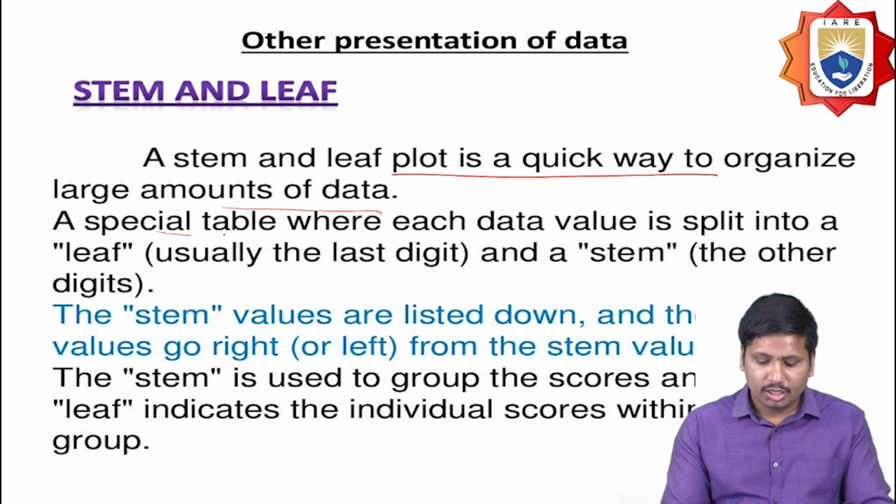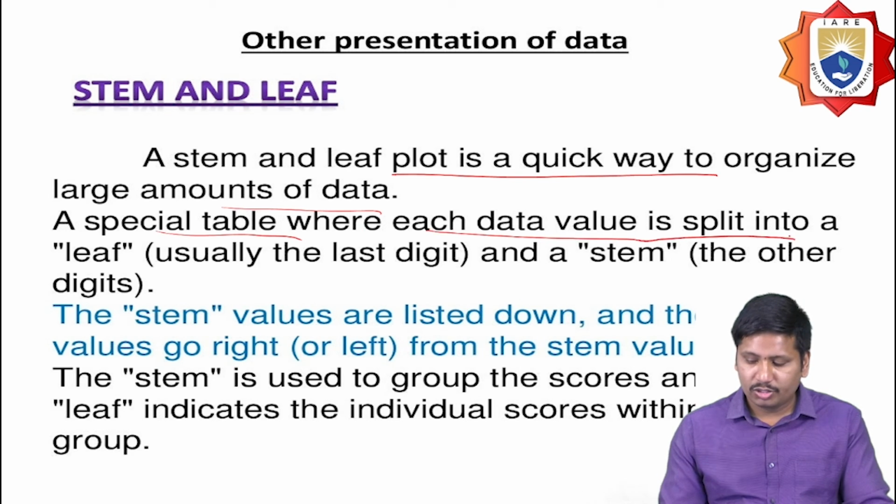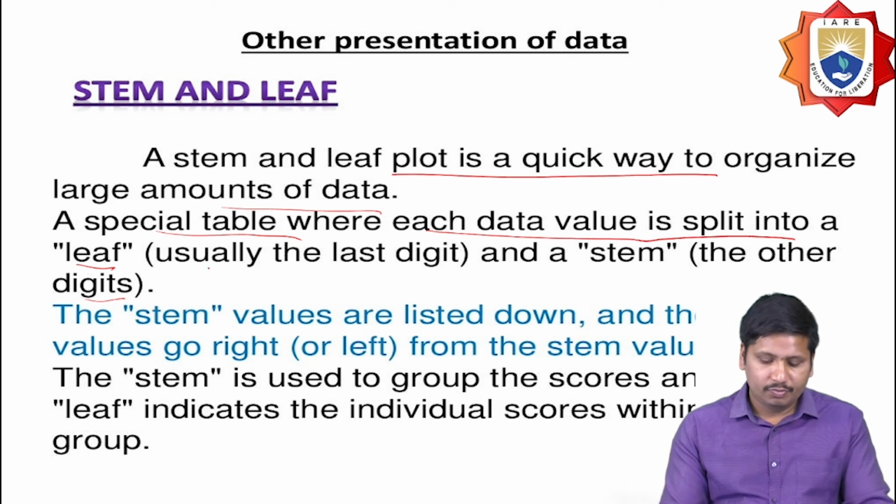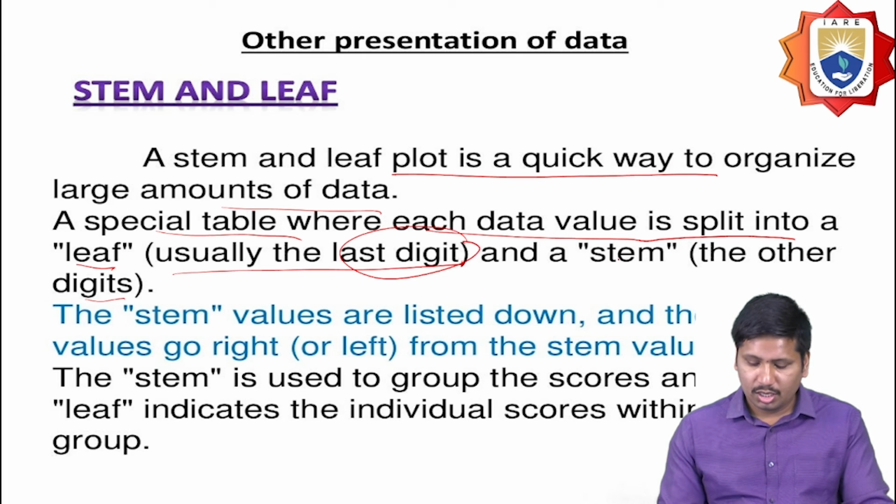It is a special table where each data value is split into a leaf, usually the last digit, and a stem, the other digits. So each data value is split into two parts, leaf and stem.